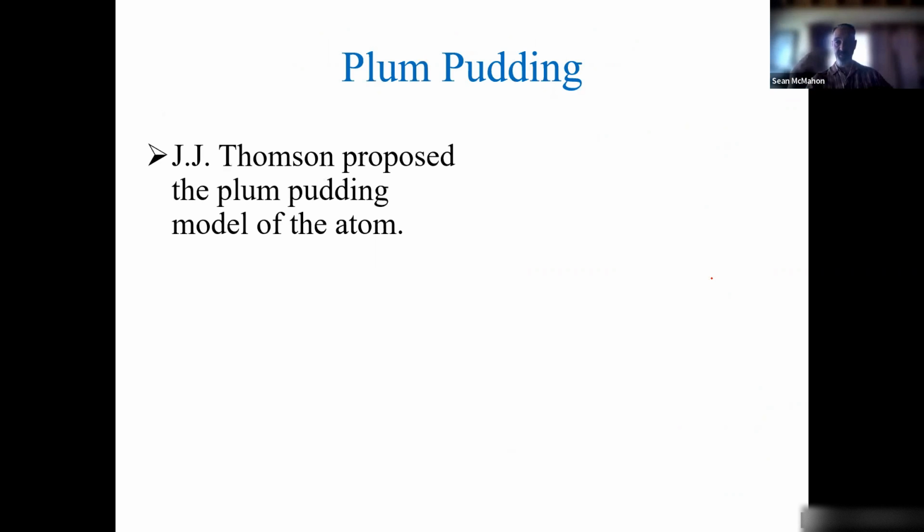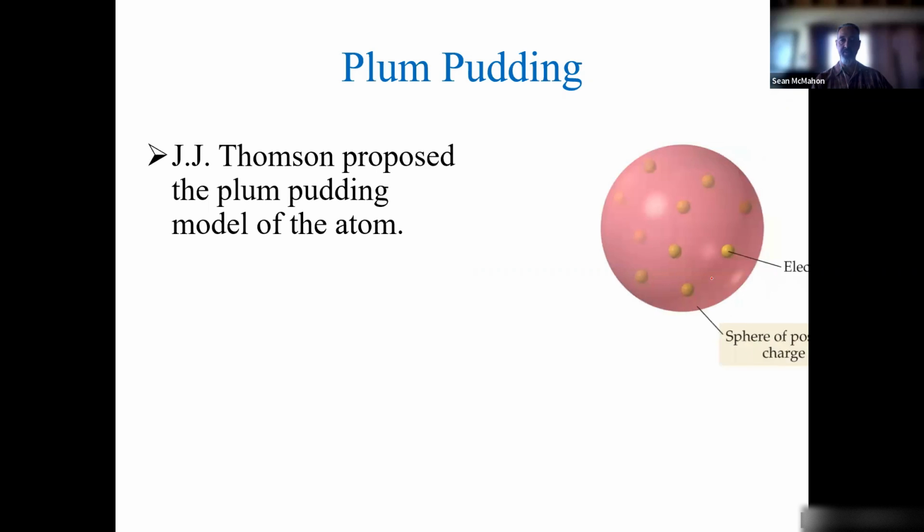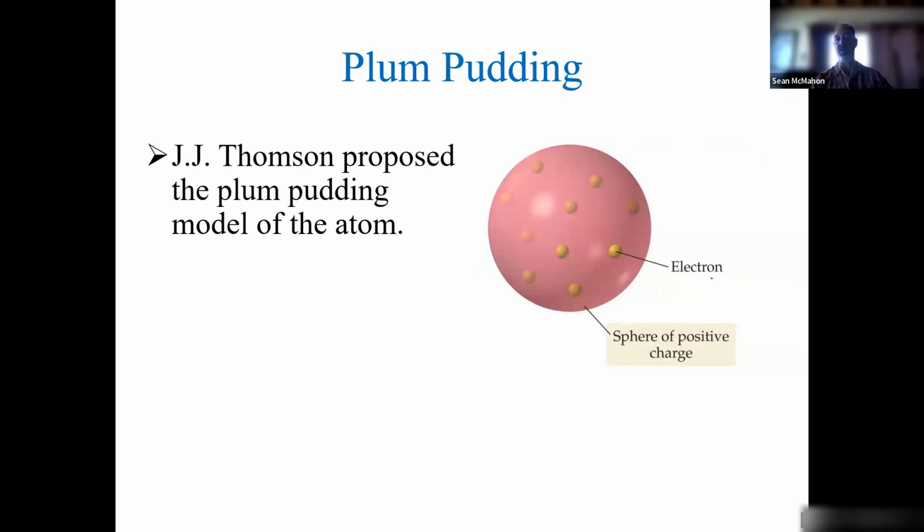So one of the early atomic models after Dalton was J.J. Thomson, who proposed what was referred to as the plum pudding model. Now, the plum pudding model wasn't the nuclear atom, okay? I mean, it wasn't at all. With the plum pudding model, they knew that there were smaller particles than the atom, and they had charges.